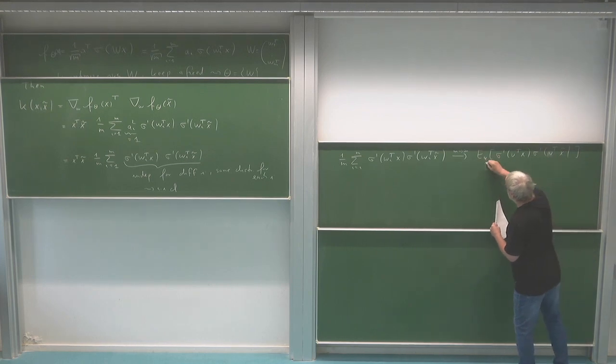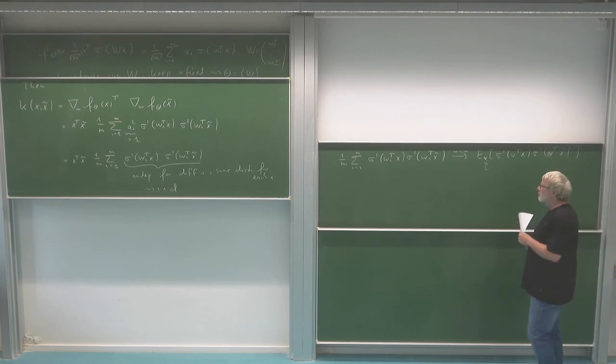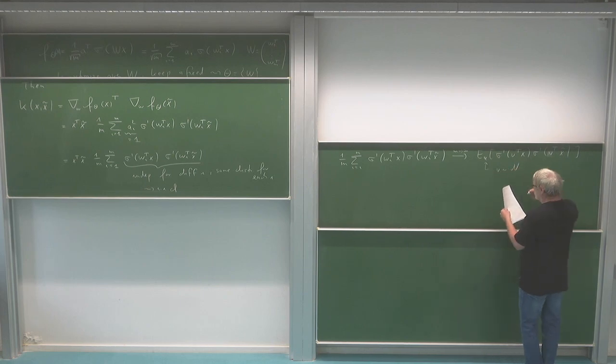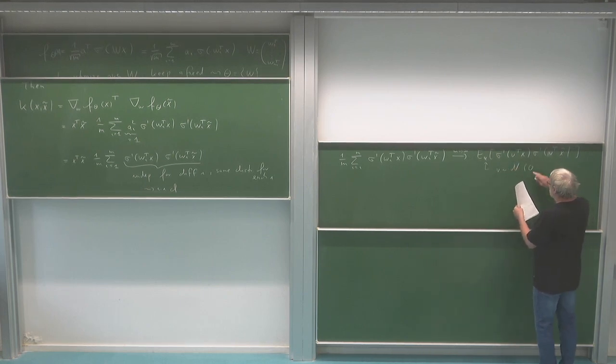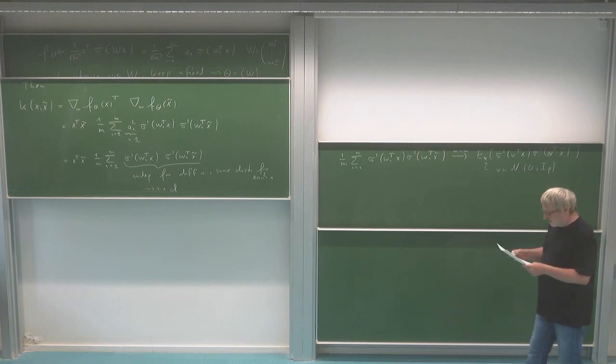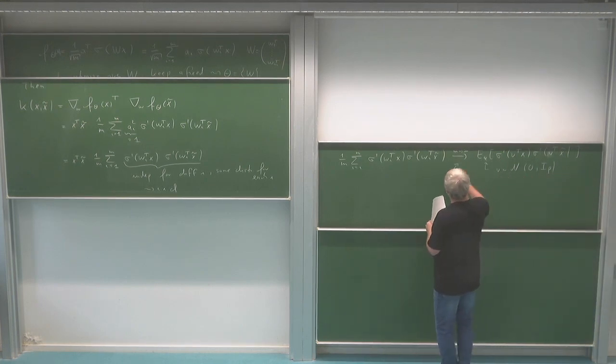This V has the same distribution as these W's, which is just a Gaussian random vector. So V is a normal distribution in p dimensions, a p-dimensional vector with mean 0 and covariance 1, which means all entries are just independent Gaussians of variance 1. And this here is just the law of large numbers.